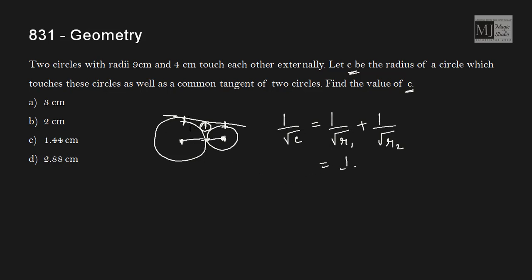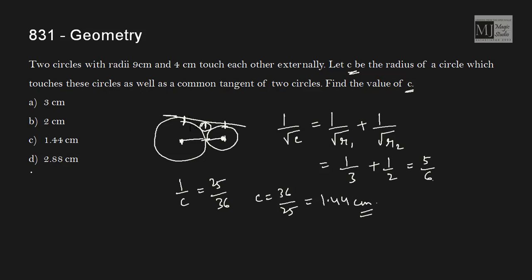So that equals 1 by root 9, which is 3, plus 1 by root 4, which is 2, so that is 5 by 6. So 1 by C is 25 by 36, C is 36 by 25, that is 1.44 centimeter.